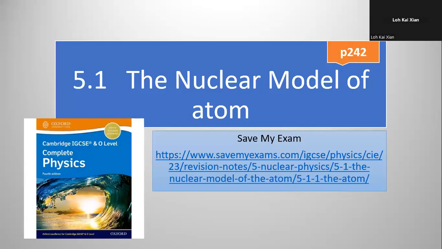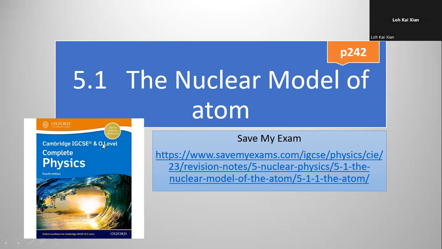Okay, so that's basically where I get it. That's your textbook. This website that I got the notes from, basically they follow the syllabus. So your textbook is mainly for IGCSE and O level.